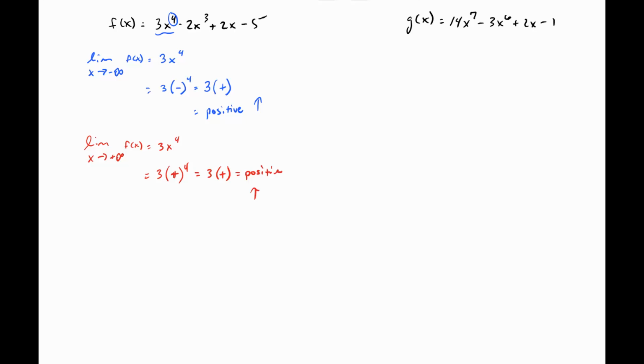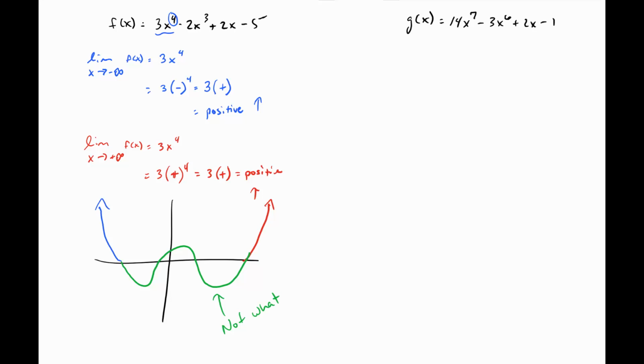So while I don't know how this graph is going to behave in the middle, I do know that as it heads out to the left, it's going to be going in the positive direction. And as it heads out to the right, it's going to be going in the positive direction. And as I mentioned, in the middle here, it's just going to do some stuff. And I'll be honest, this is probably not what it actually looks like.